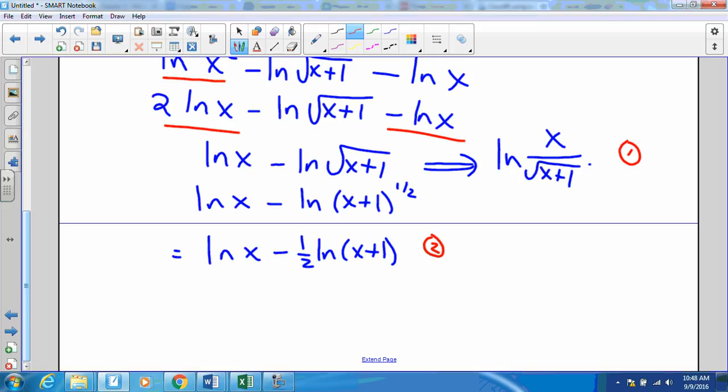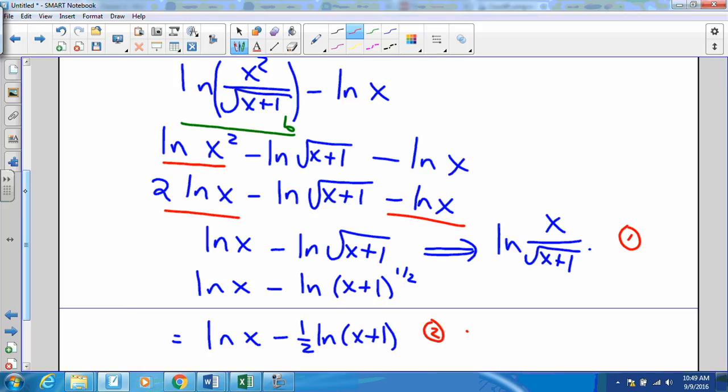It kind of depends on what we want to do with it, right? So I don't want you to think of one of these answers as right and the other as wrong, so much as I want you to think of them as two different simpler ways to write the equation. It is often the case when you're dealing with log properties that there will be more than one way to go about it.